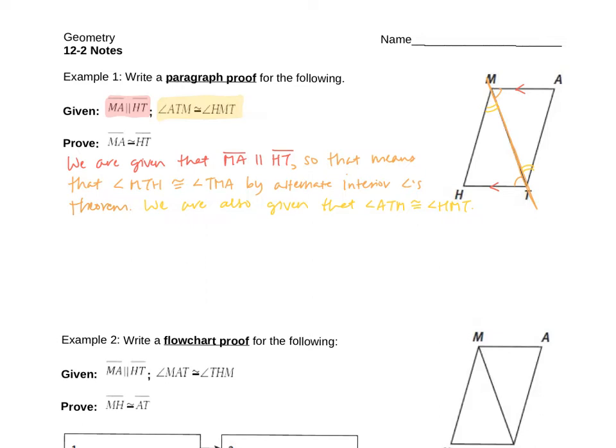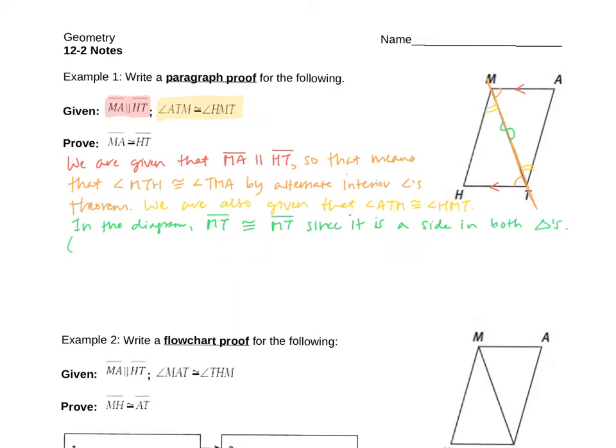Wait a minute. We can see right here that through our reflexive property, we know segment MT is going to be congruent to itself, right? We can see this from our diagram. So in the diagram, MT is congruent to MT since it is a side in both triangles.